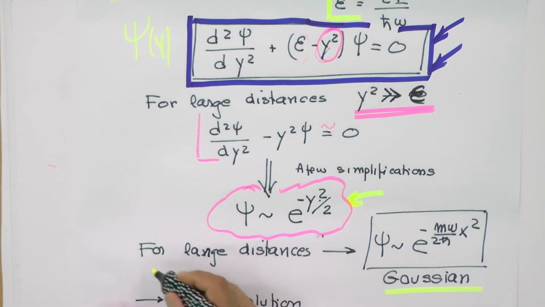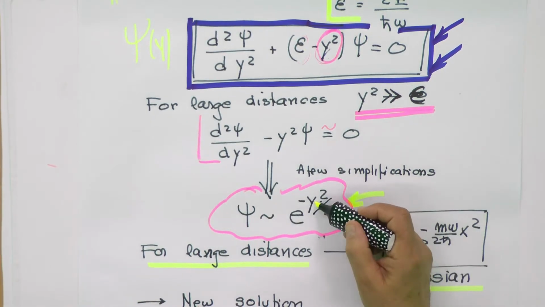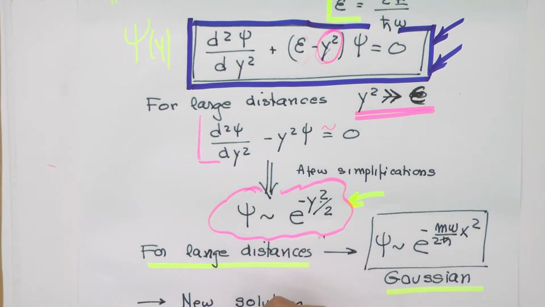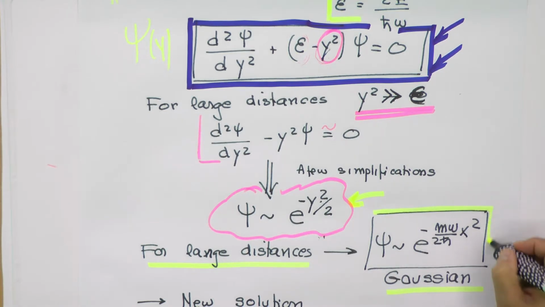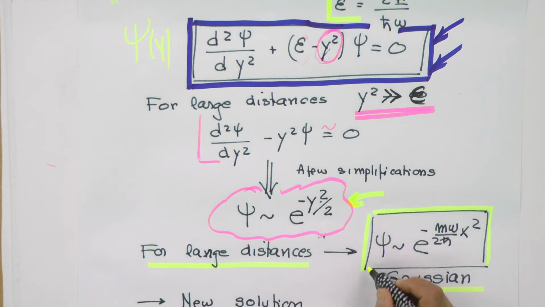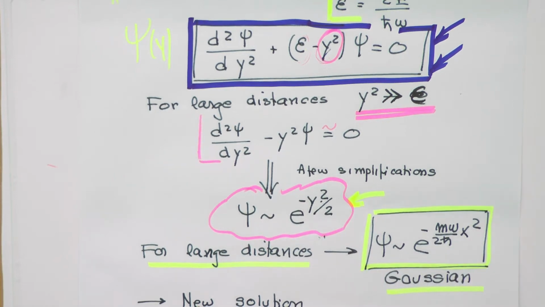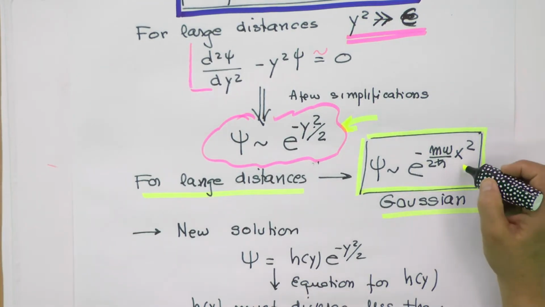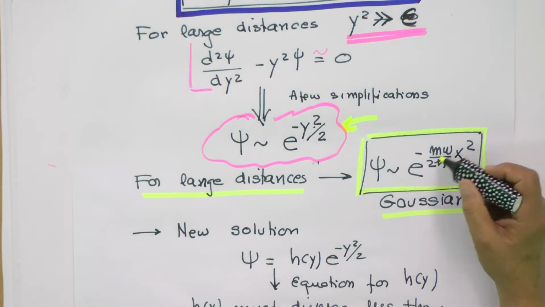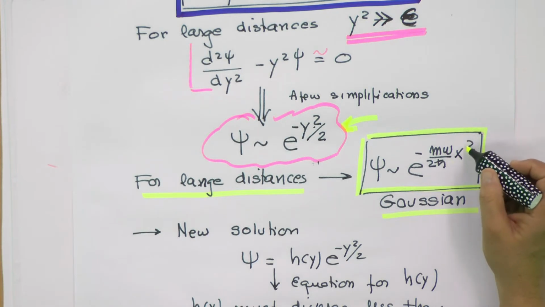Because for large distance, I go back to the x, and I have the wave function must be that way. So for large distance, the wave function psi is dominated by a Gaussian type, which is an exponential square, right?